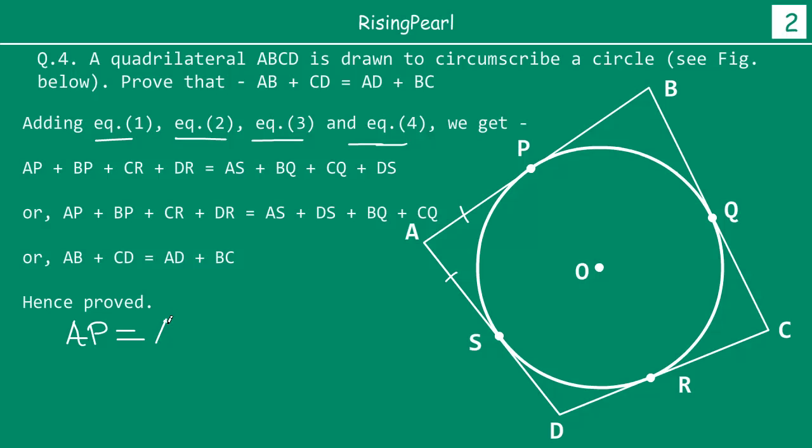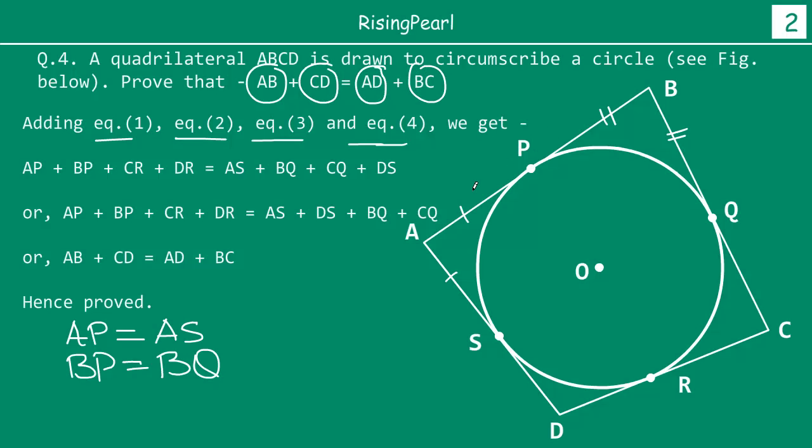Next we are going to write BP, which equals BQ. Why am I not writing BQ equals BP? Because I want to add them, so I want to get AP plus BP, since I am trying to eventually get the sides of the quadrilateral AB, CD, AD and BC. So I do not want to add AP and BQ. I want to add AP and BP.